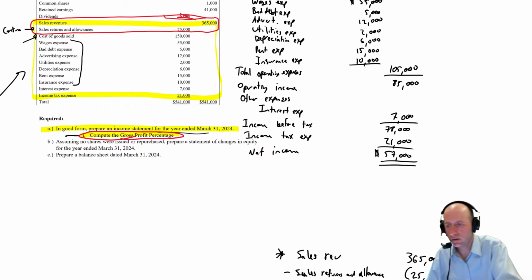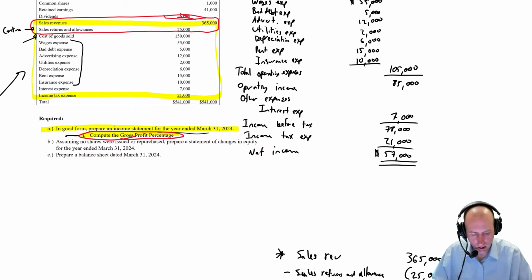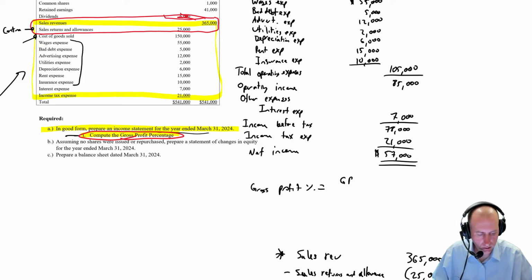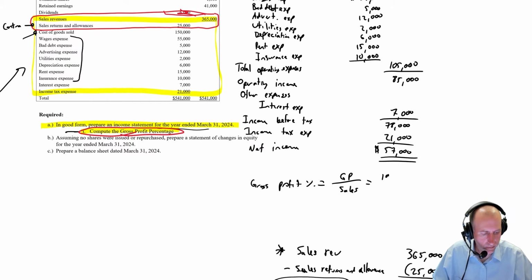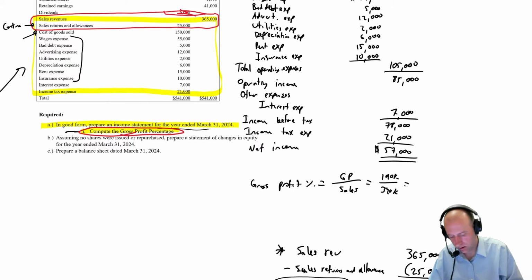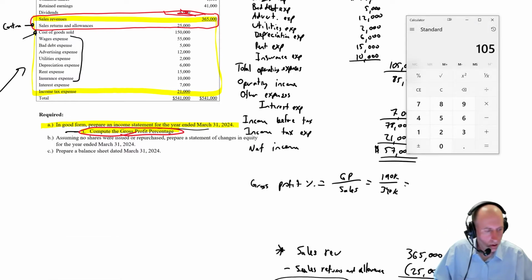So I'll do the calculation down below here. Gross profit percentage equals gross profit divided by sales equals 190 divided by 340. And this will be a percentage, of course.